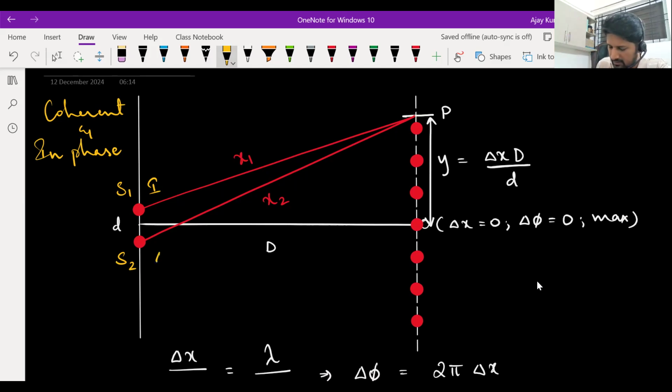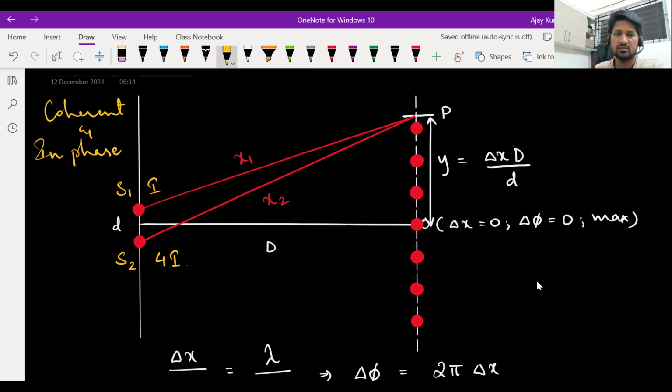Next, S2's intensity is 4I. Suppose you switch off S1 and allow only S2 to produce light. The light that falls on the screen from S2 will create a uniform brightness of 4I on the screen. So if only S1 is switched on, you'll see intensity I; if only S2 is switched on, you'll see intensity 4I.